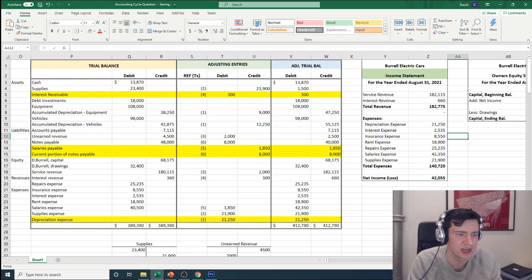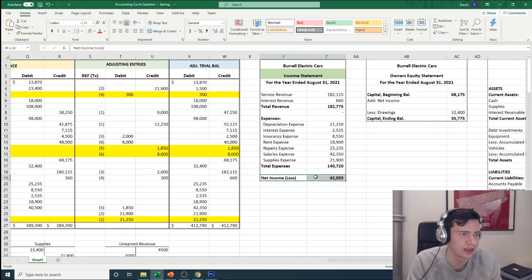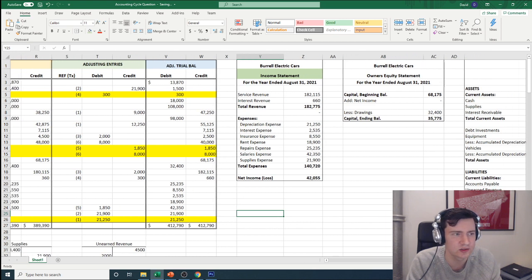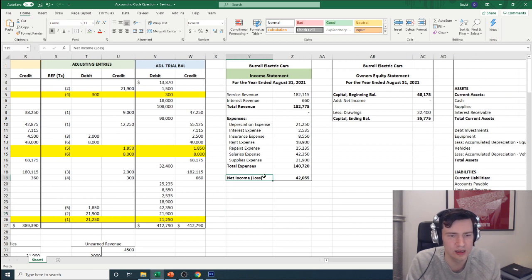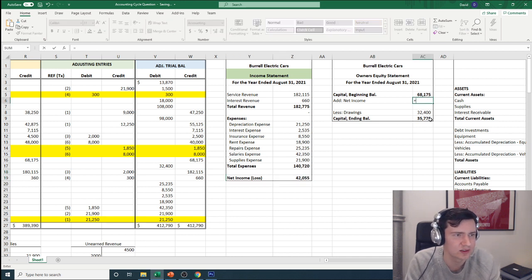That's our income statement, and our net income figure is $42,055. And you can see how the financial statements are interconnected, because this net income figure is transferred over to our owner's equity statement. So we're going to take the income and add it there.